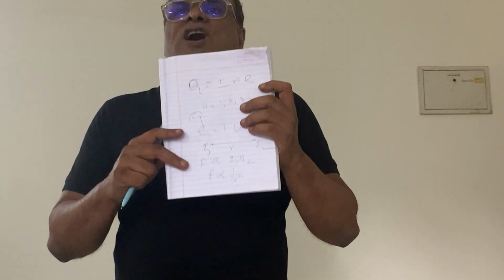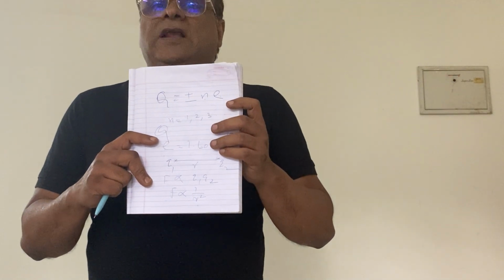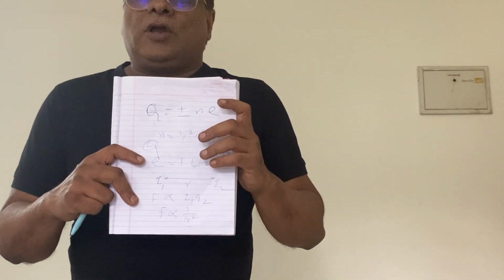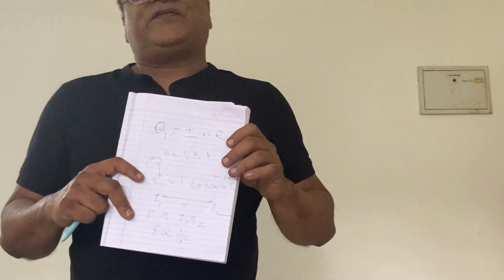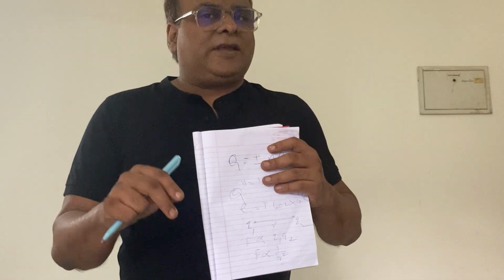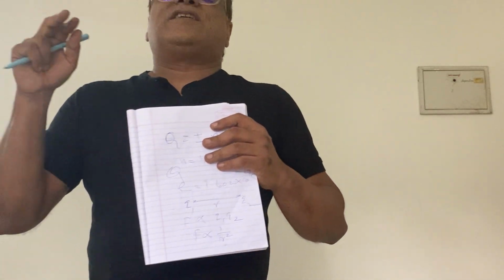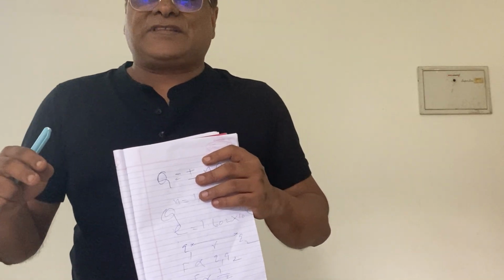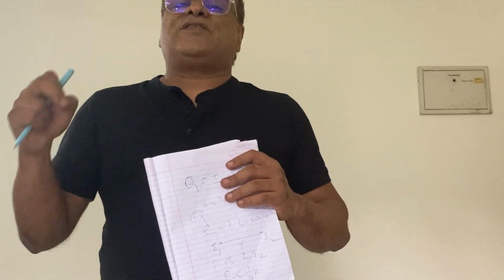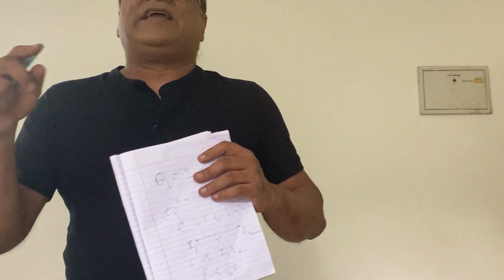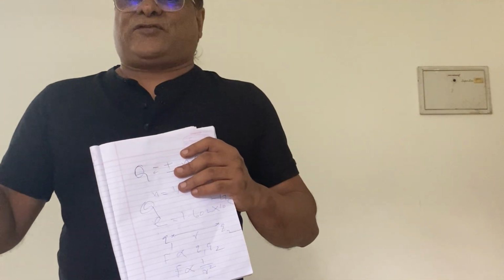Then what is Coulomb's law? Coulomb's law states that the force of attraction or repulsion between two point charges is directly proportional to the product of the charges and inversely proportional to the square of the distance between them. F is proportional to Q1 Q2 by R square.